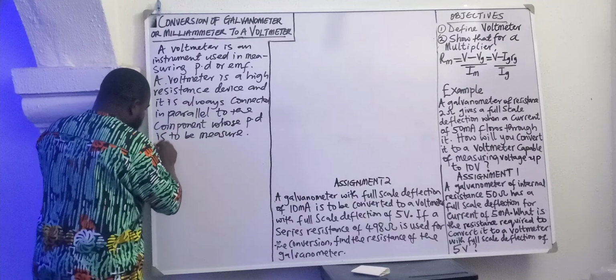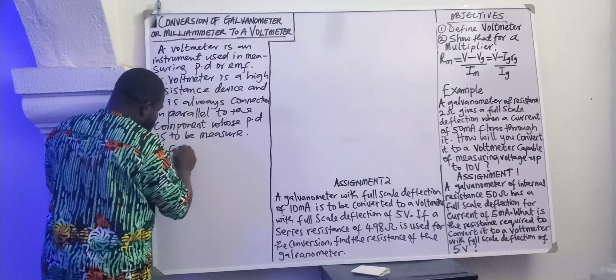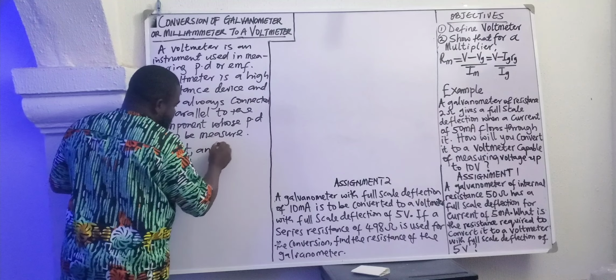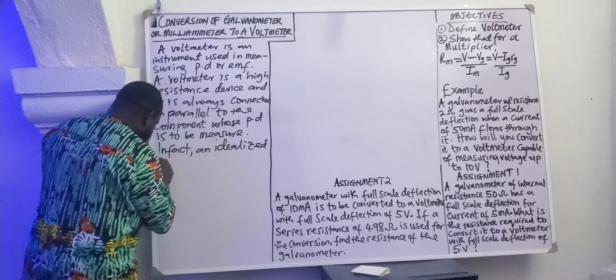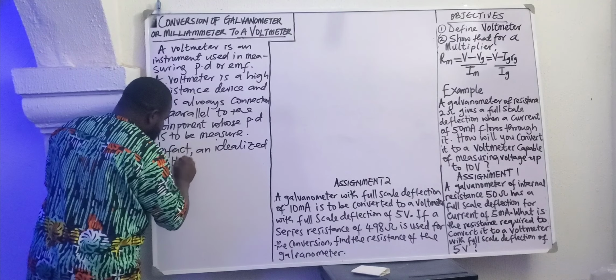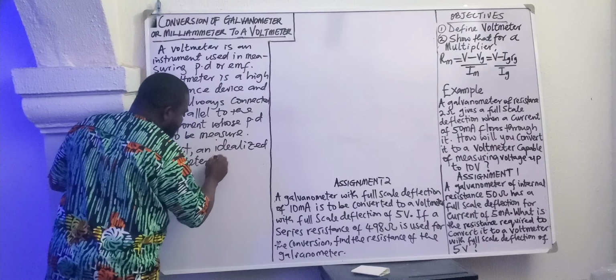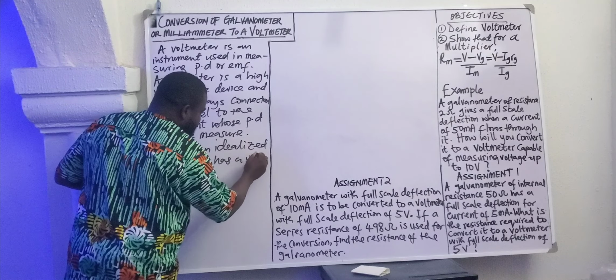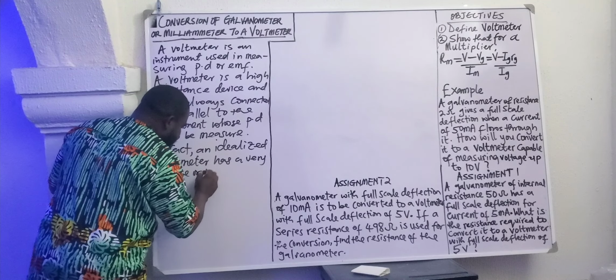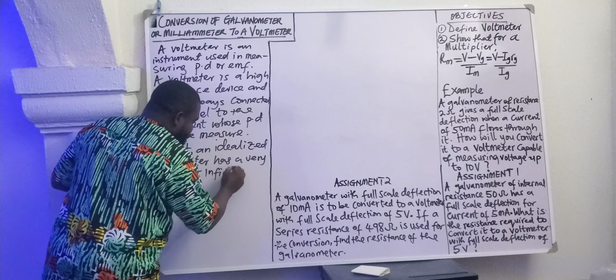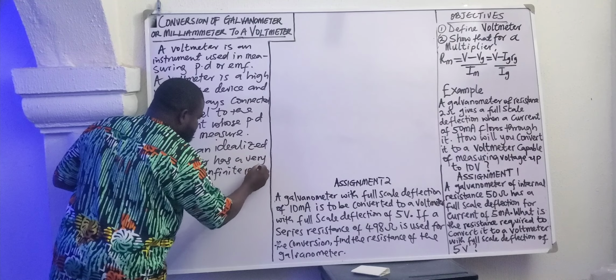I said, in fact, an idealized, that is an ID, voltmeter, an idealized voltmeter has a very large or infinite resistance.